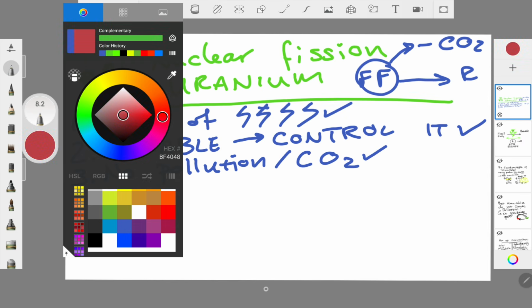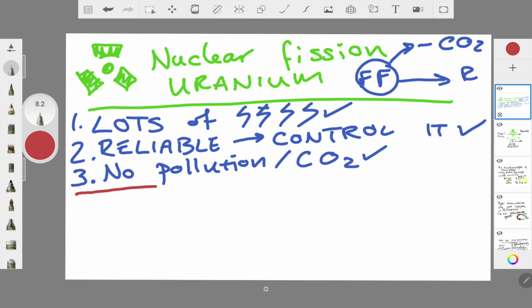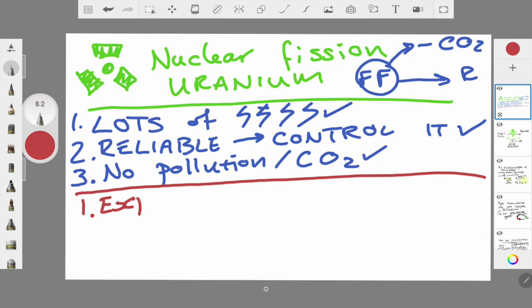So why are we not all using nuclear reactors to solve our problems? Because, one, they are expensive, okay? They are expensive because of the safety. To build them, to maintain them, to shut them down properly costs a lot of money.